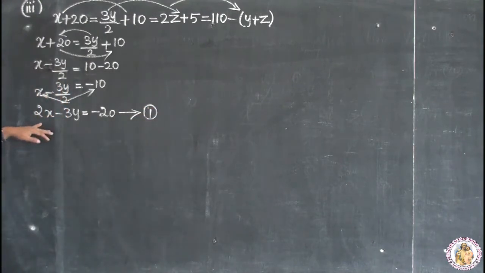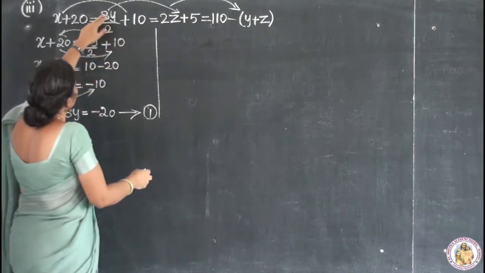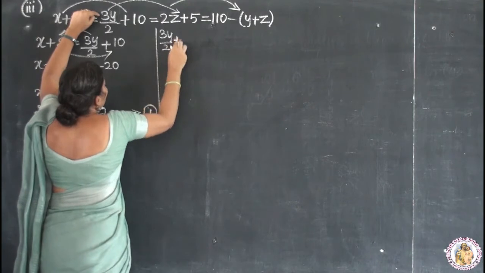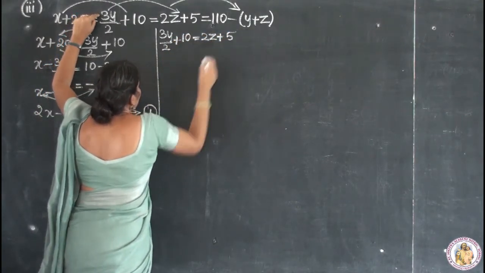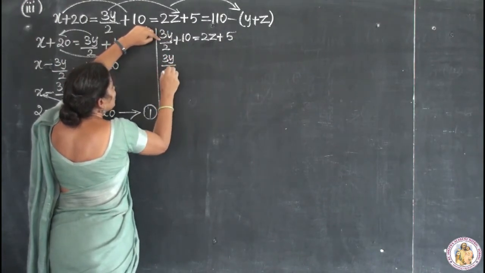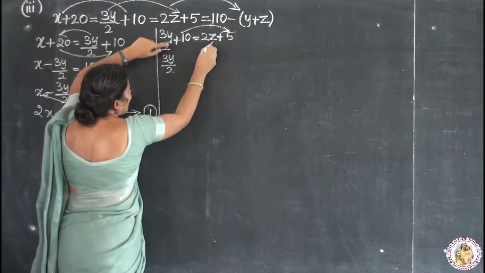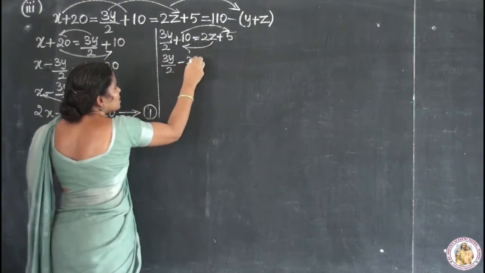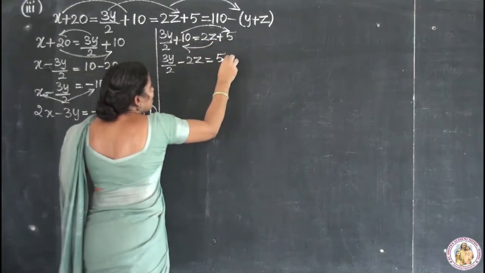Okay. And now let us find equation number 2. Now take 3y by 2 plus 10 is equal to 2z plus 5. Take this plus 10 to the right side and 2z to the left side. Plus 2z will become minus 2z is equal to 5, plus 10 will become minus 10.